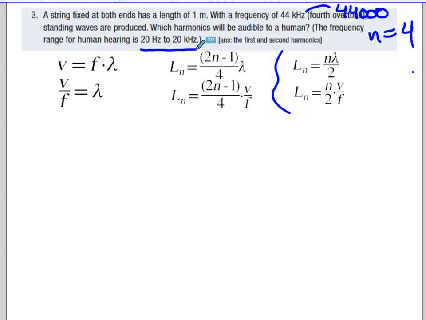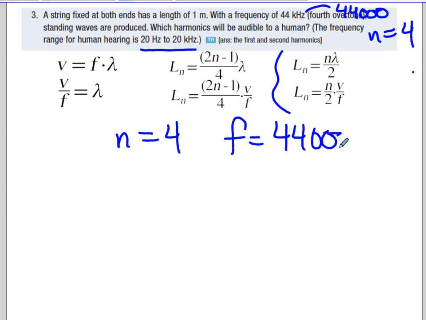Okay, so now if we take this, there's a connection here. If n equals 4, and I'm going to review this in the next slide because that might not be super obvious. But for a fixed wave, the n values and the frequencies are all linked back to the fundamental.